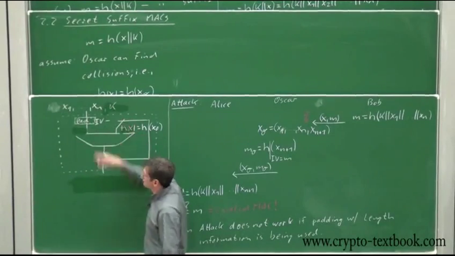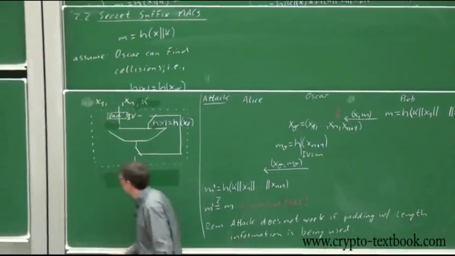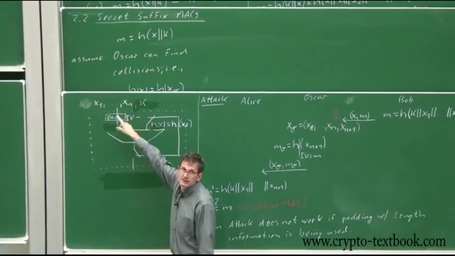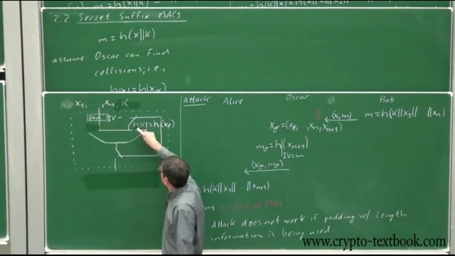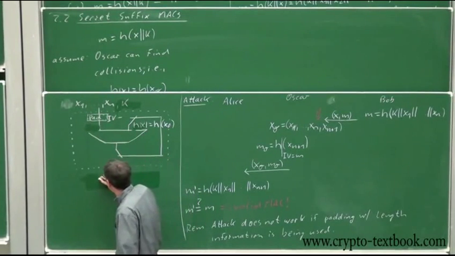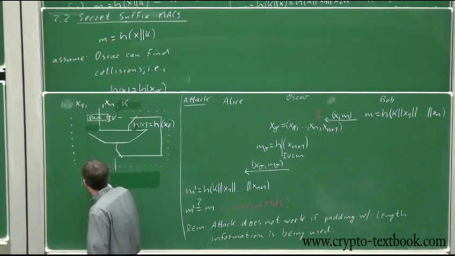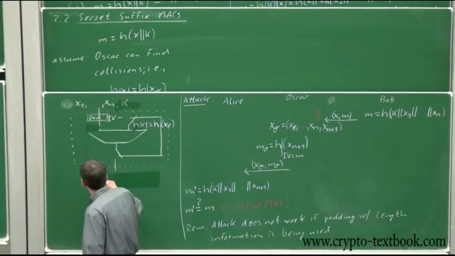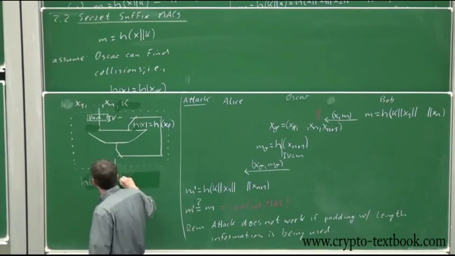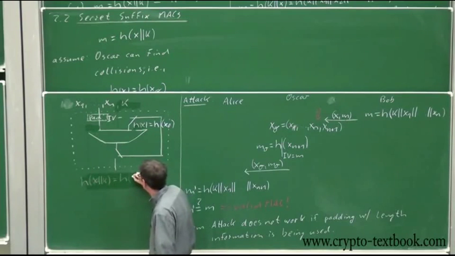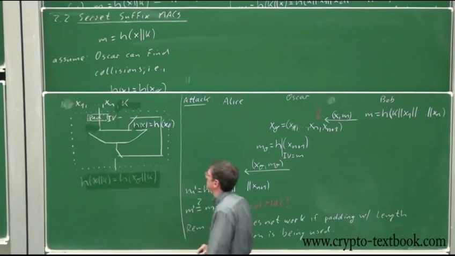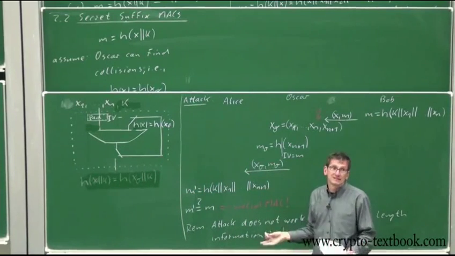If at the very end you input K at this point, at the last block, in both cases you have the same value here. That means in both cases, H of x concatenated with K becomes the same as H of x0 concatenated with K. This is a problem here.